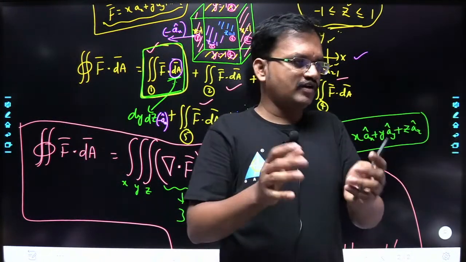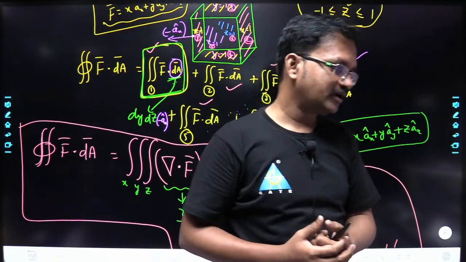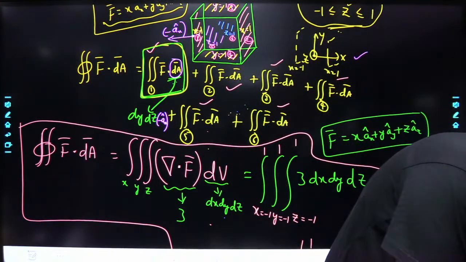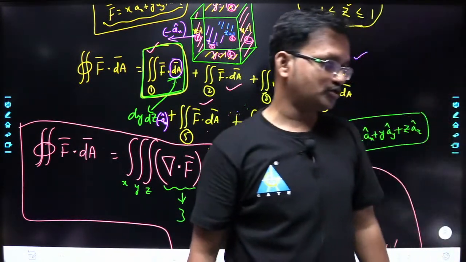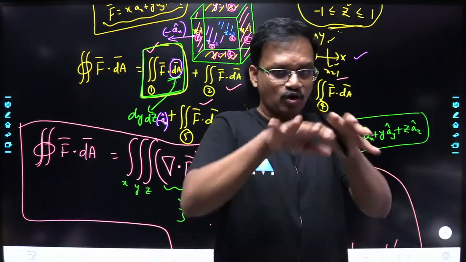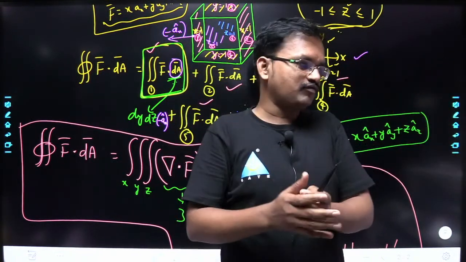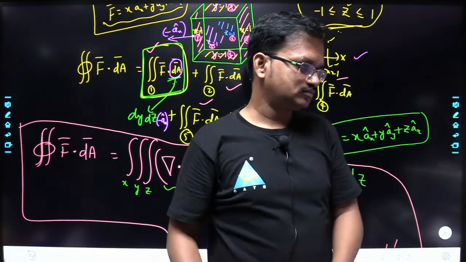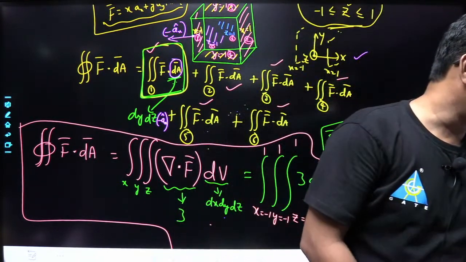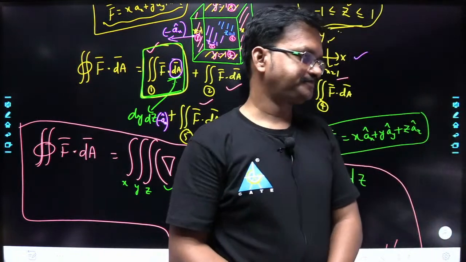You should not say flux leaving any closed volume; you have to say closed surface. Closed surface means it is the boundary for that volume. Hope you have understood.